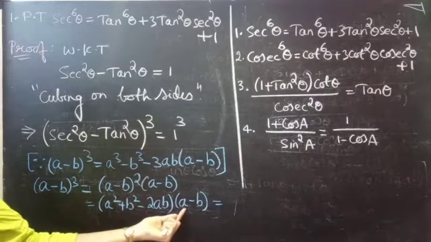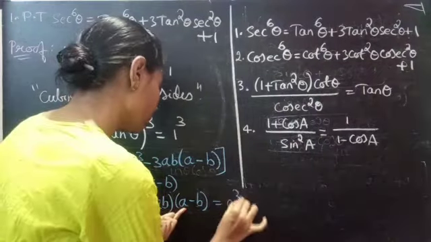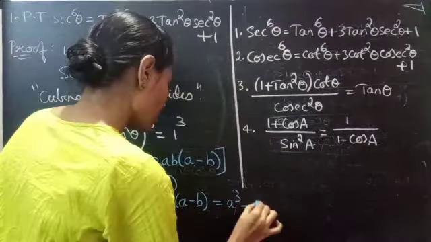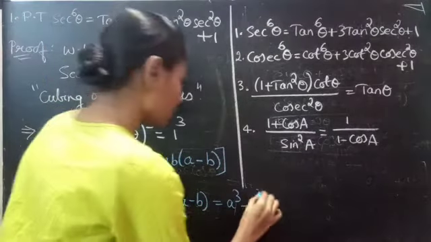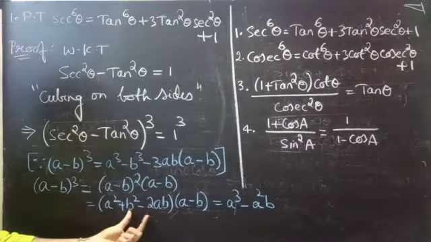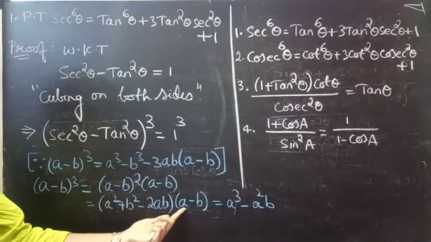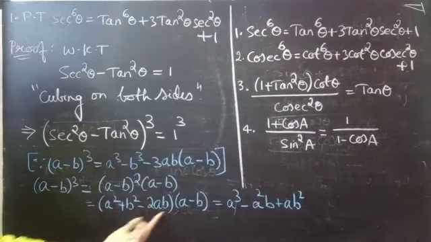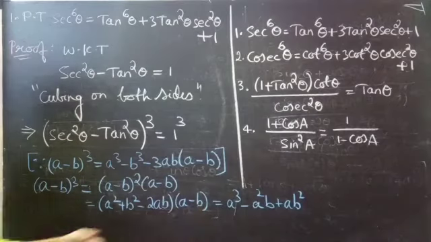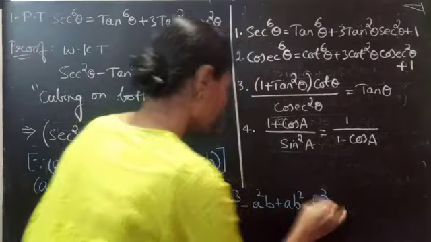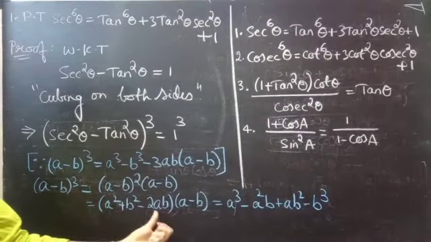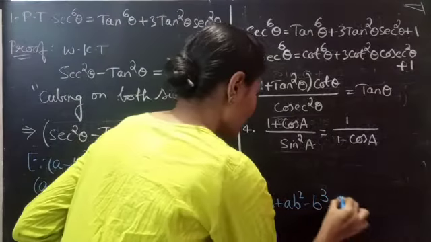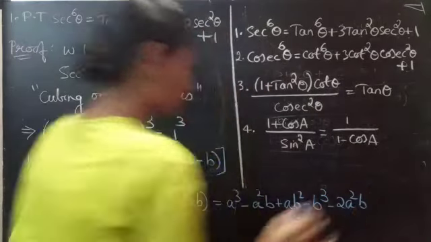So this is equals to a square into a is a cube. Next, a square into b is minus a square b. Next, b square into a plus ab square. B square into minus b is minus b cube. Next, minus 2ab into a is minus 2a square b.